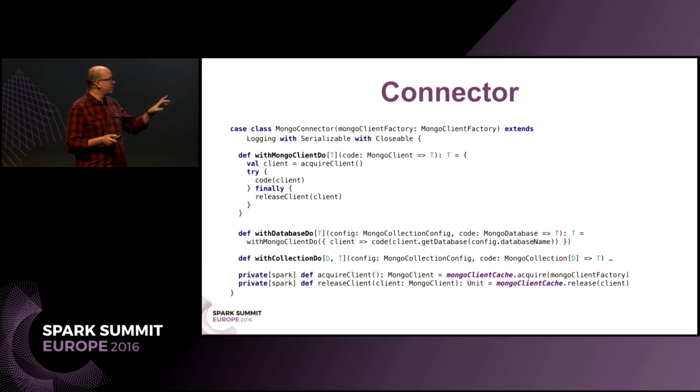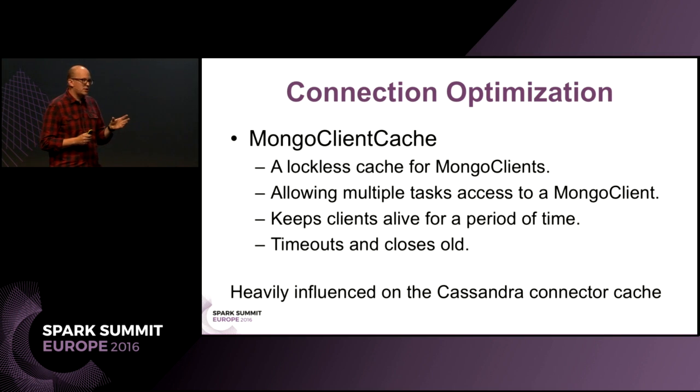And at the bottom, we have the Mongo client cache, which we'll have a look at, which is all about optimizing. As I mentioned, there's a cost for a database to create a connection. To minimize that cost, I want to be able to reuse the Mongo client across multiple tasks. So here, I heavily influenced our cache on the Cassandra connector's cache.